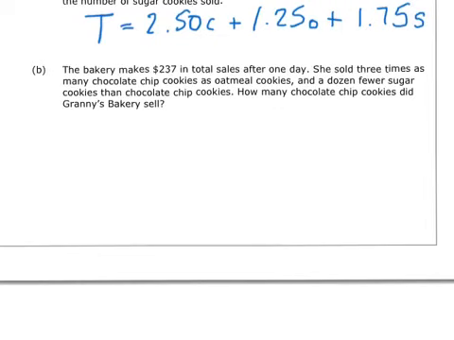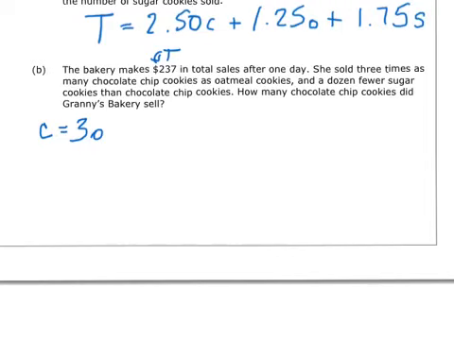The bakery makes $237 in total sales for one day. So that's T. She sold 3 times as many chocolate chip cookies as oatmeal cookies. So chocolate chip is 3 times the number of oatmeal cookies. And a dozen fewer sugar cookies than chocolate chip cookies.